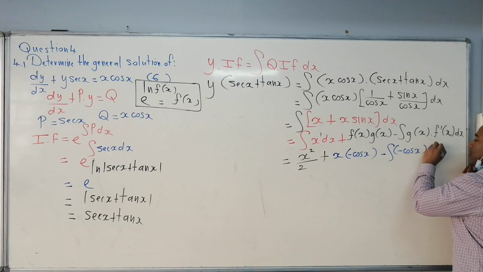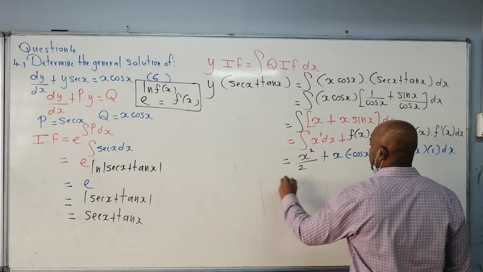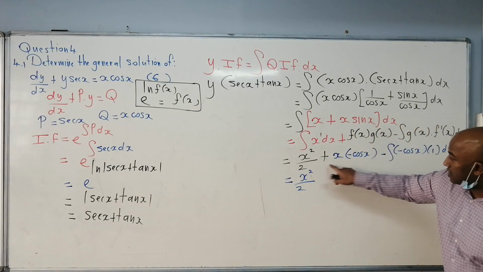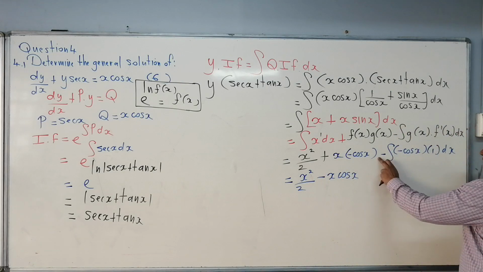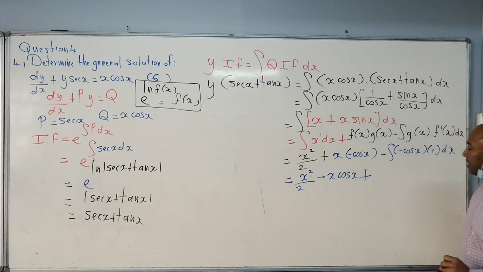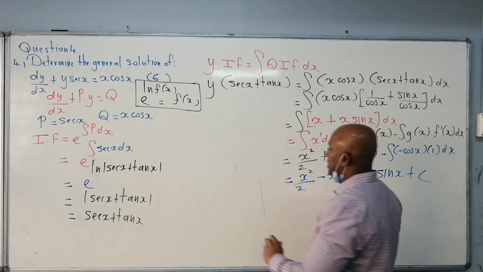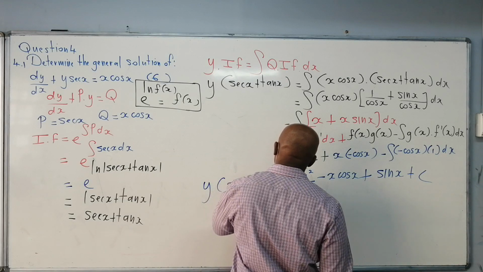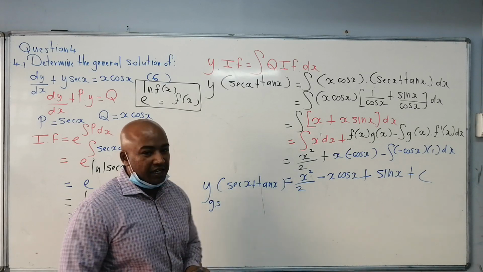F is x, so f prime will be 1. Now, this becomes x squared over 2. Positive times a negative, that will be minus x cos x. Negative times negative is a positive there. And when you integrate cos, the answer is a positive sine plus c. Left hand side, y sec x plus tan x, and this is the general solution.